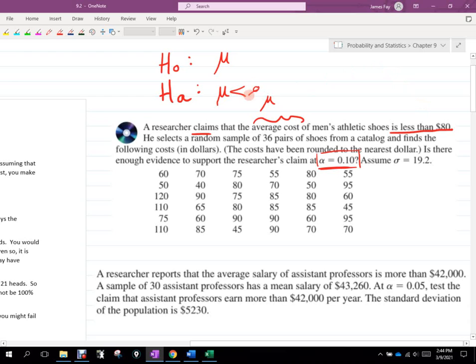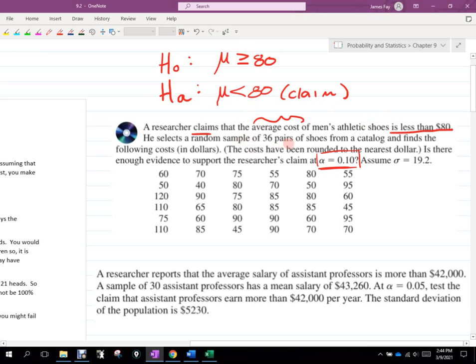The alternative, right? So the alternative hypothesis here says that mu is less than 80. That was the claim. Does that make sense to everybody? The null hypothesis then is the complement of this idea. So less than 80, this should be greater than or equal to 80, correct?